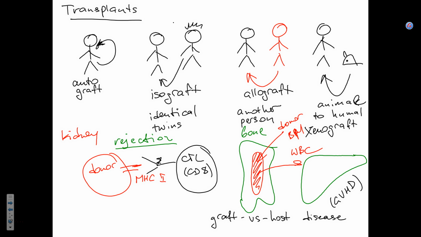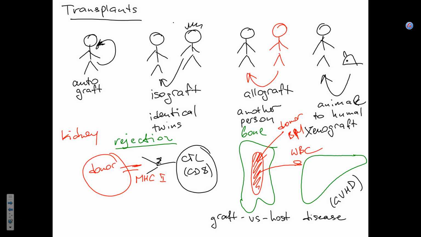Okay. Another problem is when you immunosuppress a patient, there can be an infection, not only coming from the outside, but for solid organ transplants like kidney or liver, it can come from the kidney or liver.